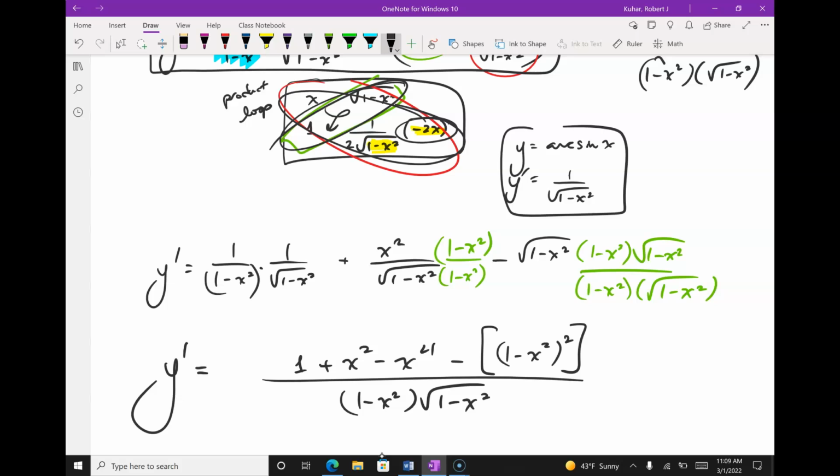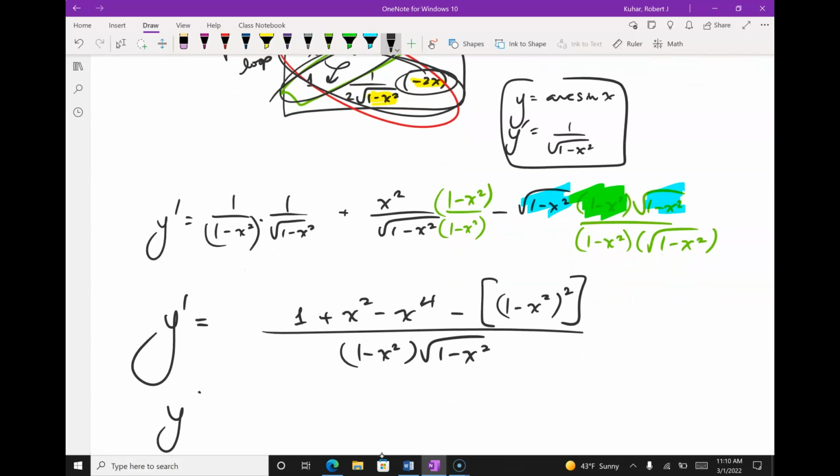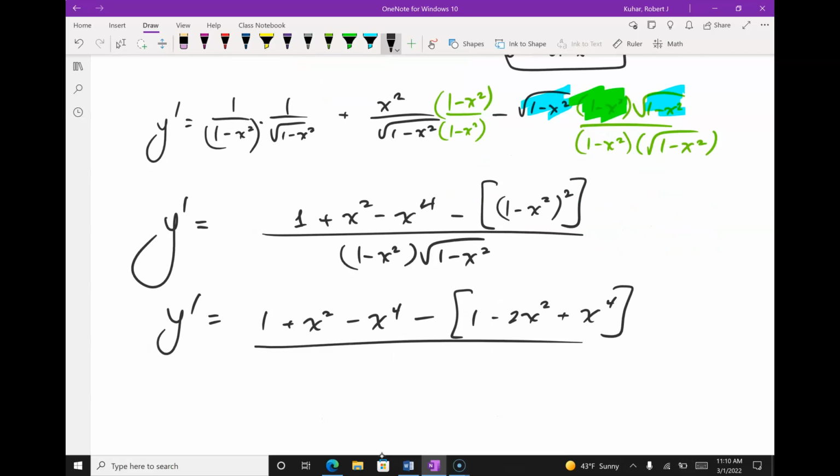Make sure you agree with that. The rad times the rad is another one of these, right? So it's a 1 minus x squared quantity squared. I'm going to simplify that. If you don't have a headache yet, I don't know what's wrong with you. I have 1 minus 2x squared plus x to the 4th all over my LCD.